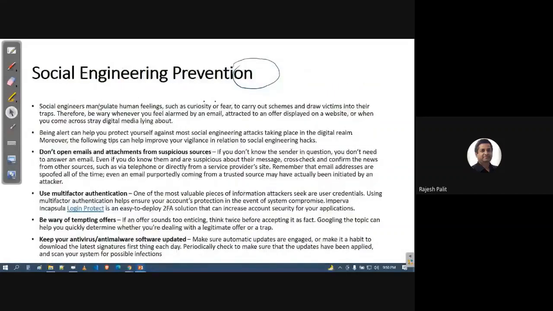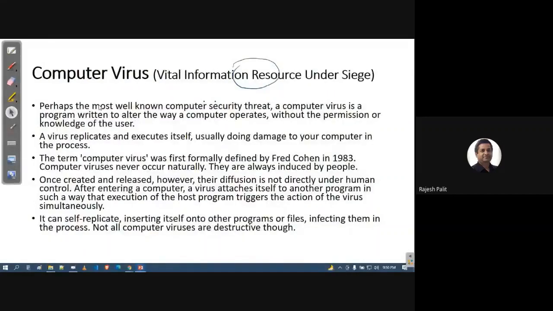Now let us go to the malicious applications. The computer virus is perhaps the most well-known computer security threat. A computer virus is a program written to alter the way a computer operates without the permission or knowledge of the user.